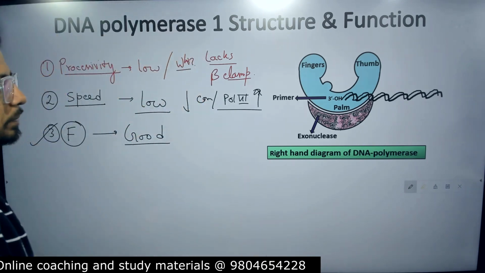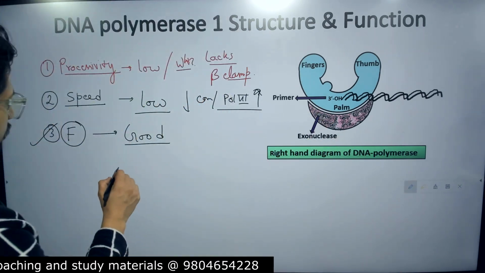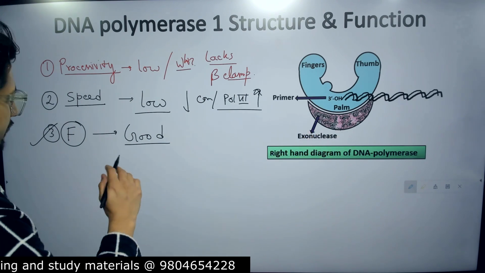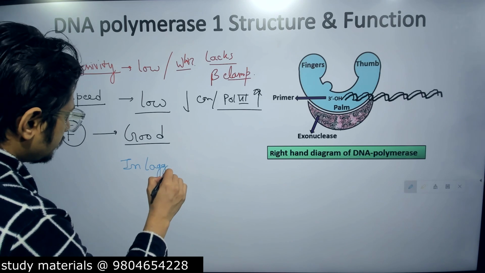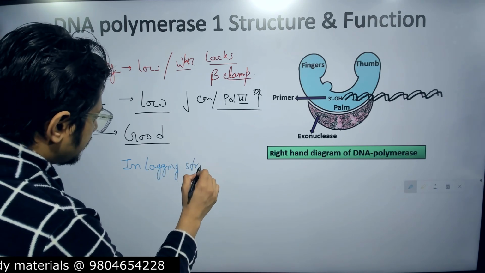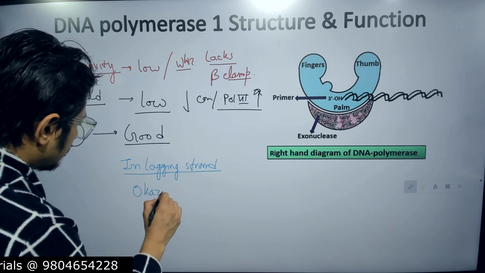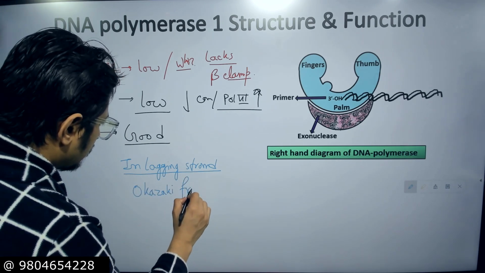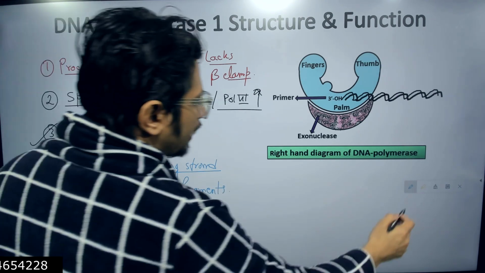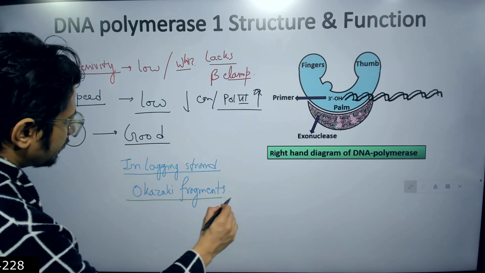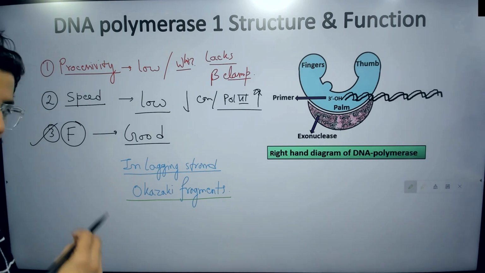So for what purposes is DNA polymerase 1 used? DNA polymerase 1 is used in DNA replication, at the end of replication, in the lagging strand, where we have Okazaki fragments. Those Okazaki fragments need to be joined.